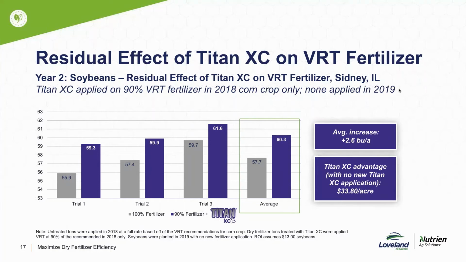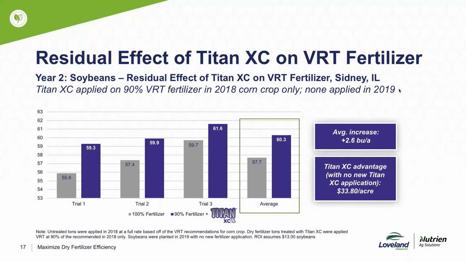That also translated in a 2.5 bushel increase on the soybeans without doing anything additional. So that's another almost $34 an acre. So pretty good return on investment in the corn, and then residual effect on the soybeans the following year. So that, guys, that's what we're talking about.